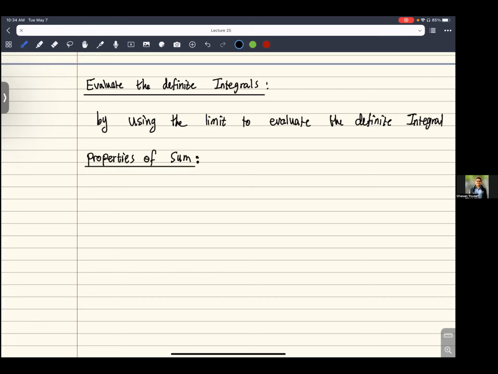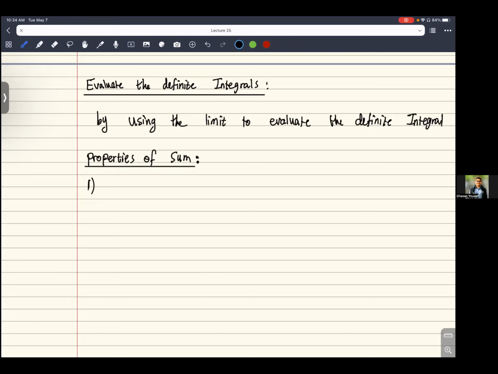So we started a technique to evaluate the definite integral. In the next section, 5.4, we're going to learn how we can find the definite integral without using the sum limits. I think it's next class.